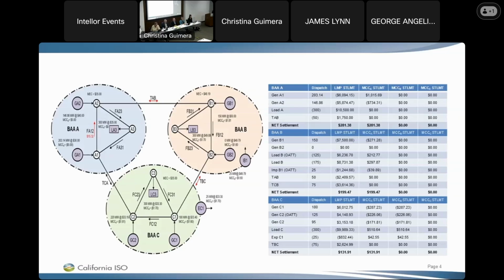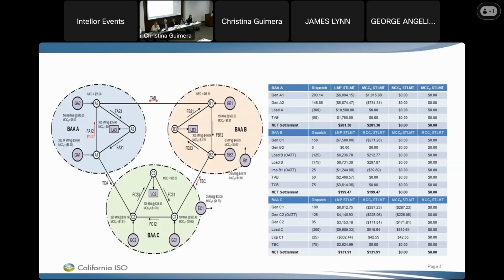There also is an import settlement payment of $1,244.68 with a congestion exposure of $39.89.